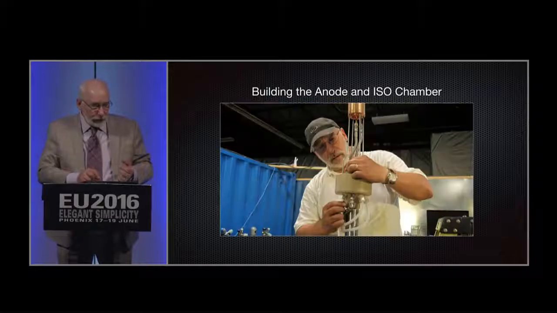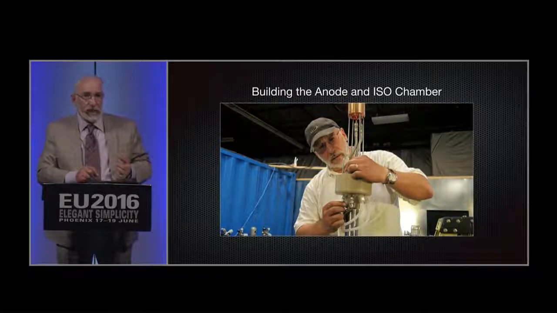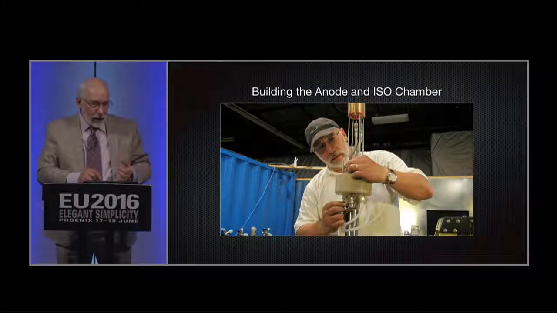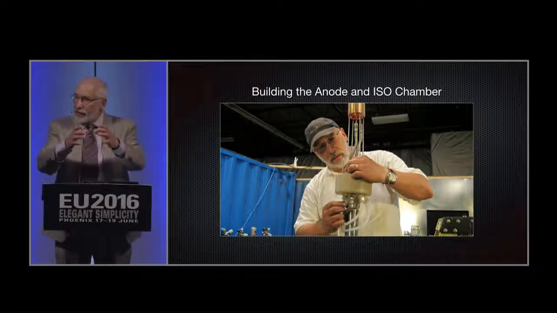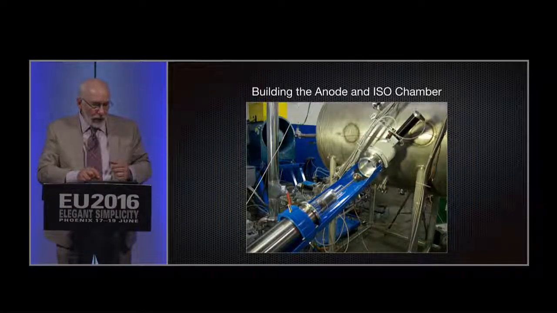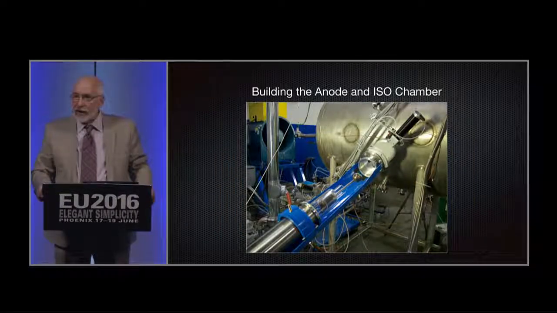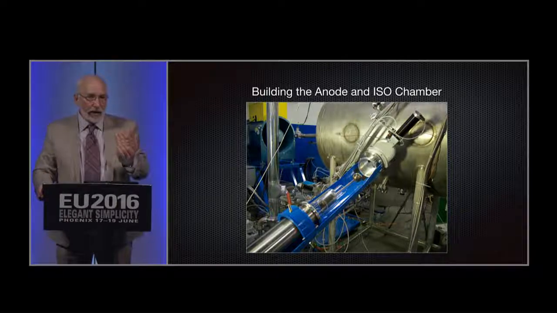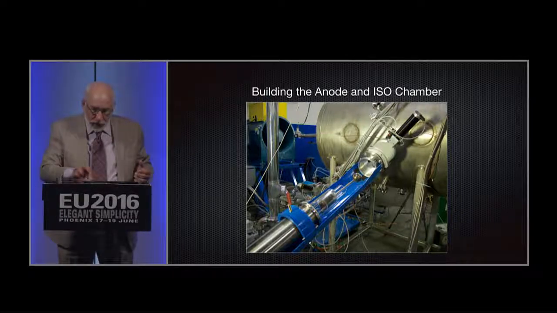So we're starting to assemble the anode, actually the anode base, the receiving base. And this is the anode isolation chamber with it pulled back where we can actually put the anode in. And this is the big gate valve.